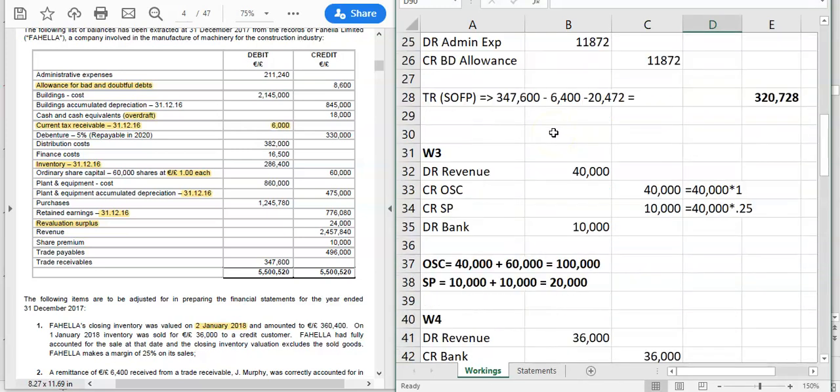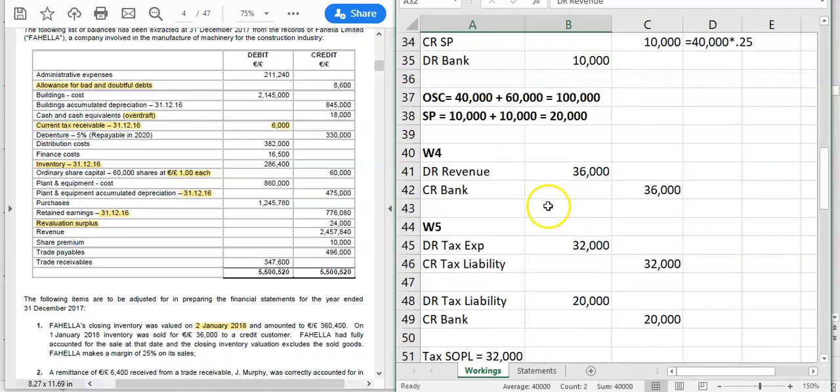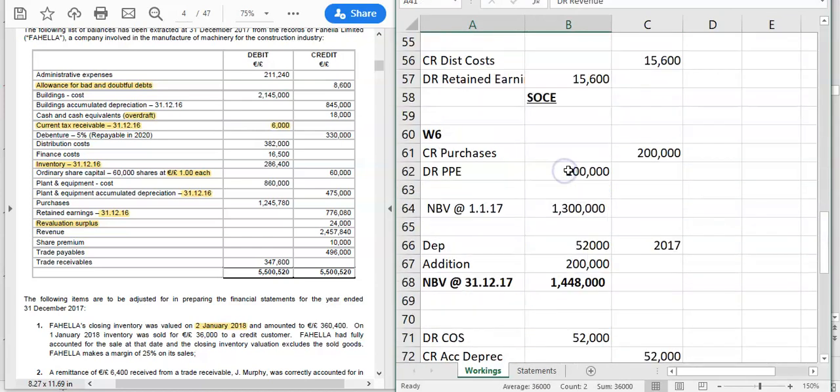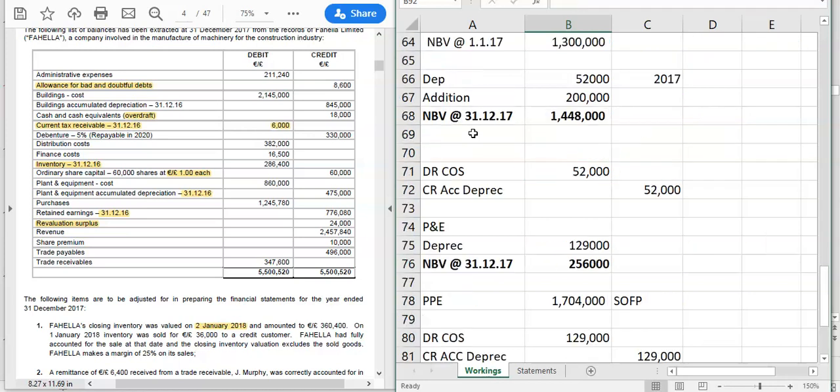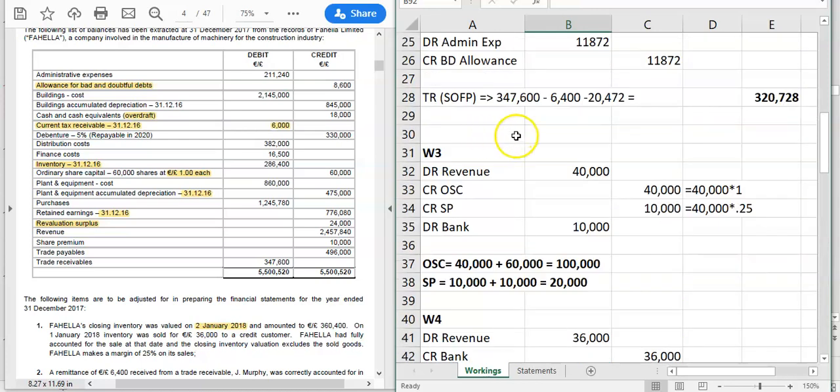Come to working 3 then. We're going to reduce revenue by 40, and working 4, reduce revenue by 36. So working 3, working 4, reduce revenue by 40, and reduce revenue by 36. Okay, so just coming back up, your cross-referencing go along.